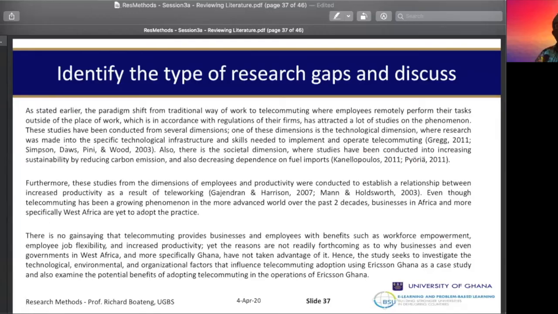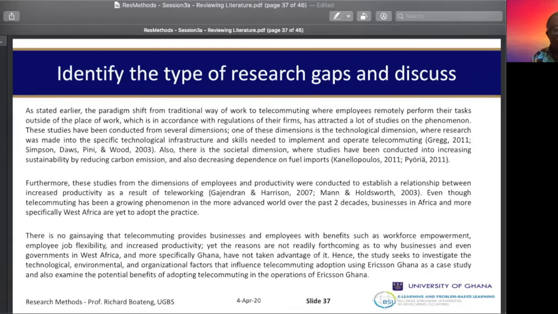Also, there is a societal dimension, where studies have been conducted into increasing sustainability by reducing carbon emissions and also reducing dependence on fuel imports. Okay.